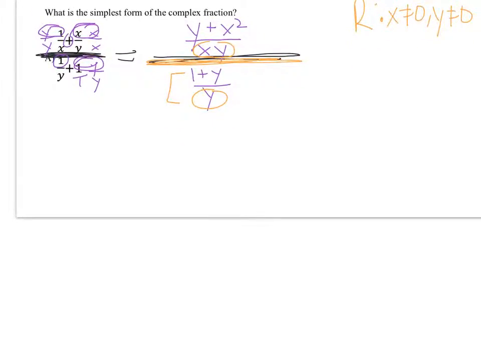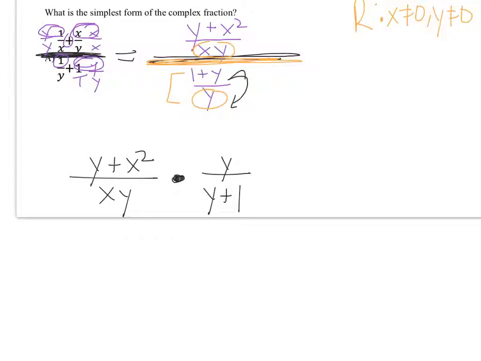So now if I look, that first fraction is going to stay exactly how it is. It's not changing whatsoever. But dividing by a fraction, multiply by the reciprocal. So the reciprocal now is y over y plus 1. That creates a new restriction though. So now y cannot equal negative 1.